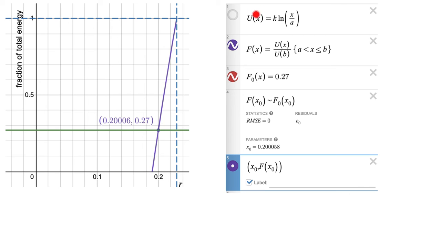Here's our expression for the energy as a function of the radius, and it's some constant times that log. Down here, the constants are defined to be 1. It doesn't really matter, as we know it's going to go away right here. And we say, well, here's our fraction, which is just the ratio of the stuff less than radius r over the stuff that's entirely in the in-between region of the capacitor. And here f naught is what fraction we want it to be.